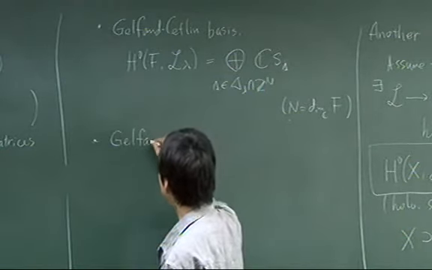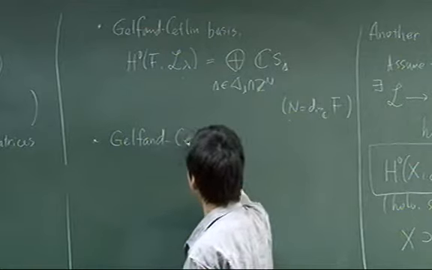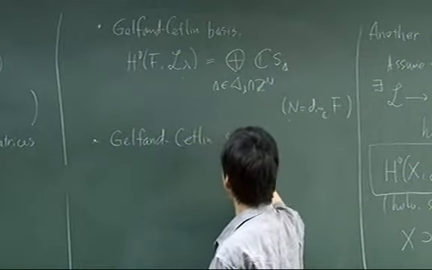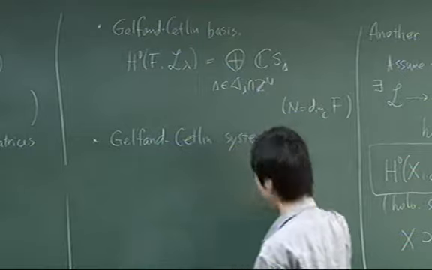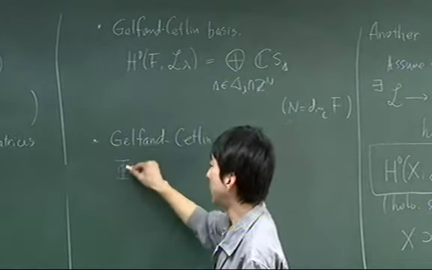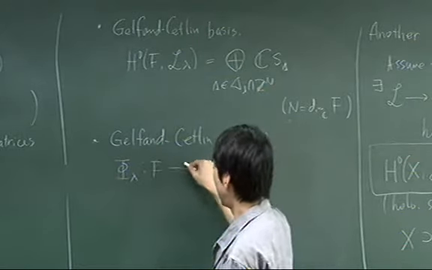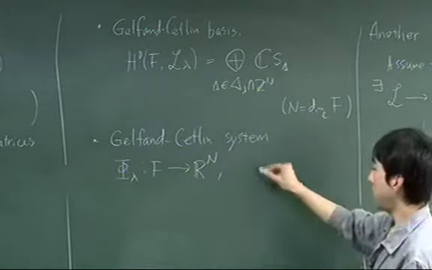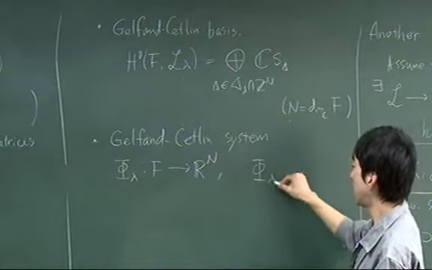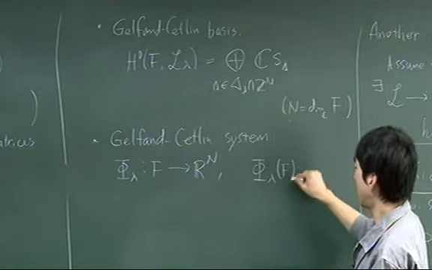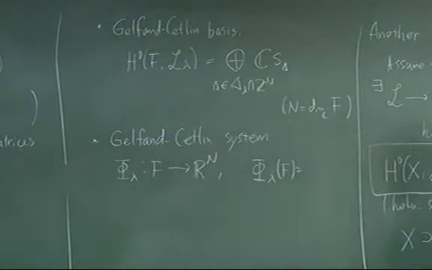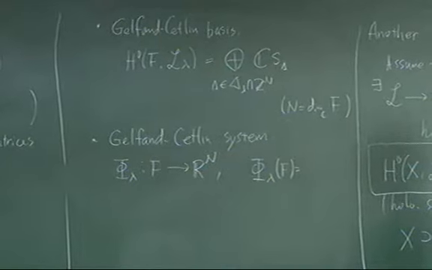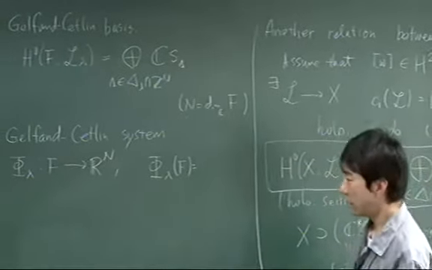And the Gelfand-Cetlin system is a completely integrable system on the flag manifolds, and its image... Could you explain how you represent the flag manifold as a space?